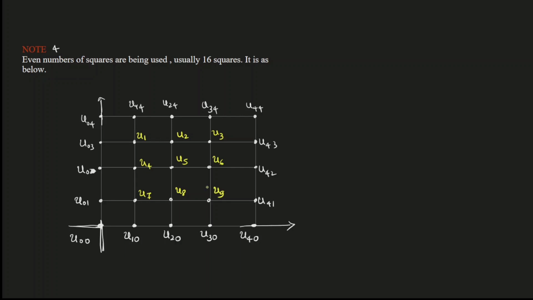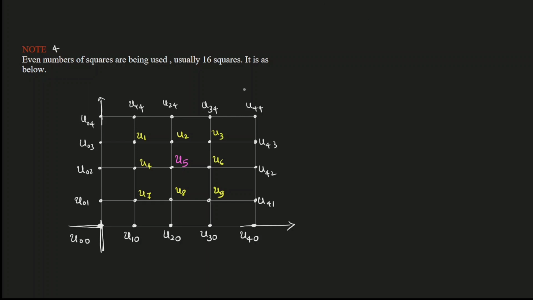These are the values we are going to find, and u5 is the center value. Now I am going to find the values using the 5-point formula.